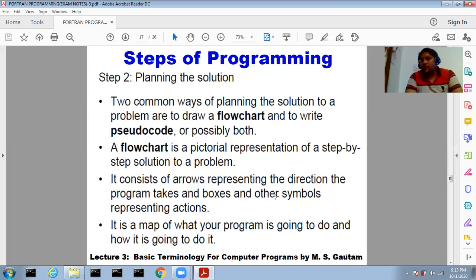This is defined through the map. Just like we need a map to go from one place to another, or to find a particular area or location, in the same sense a flow chart, which is a pictorial representation of the program, can be used to identify the sequence of instructions from the first step to the last.